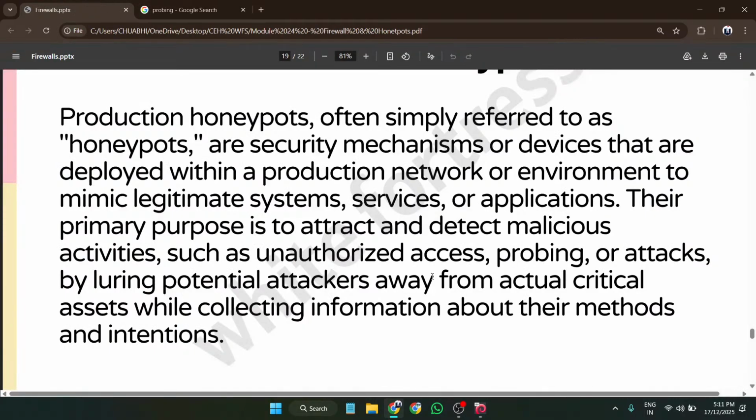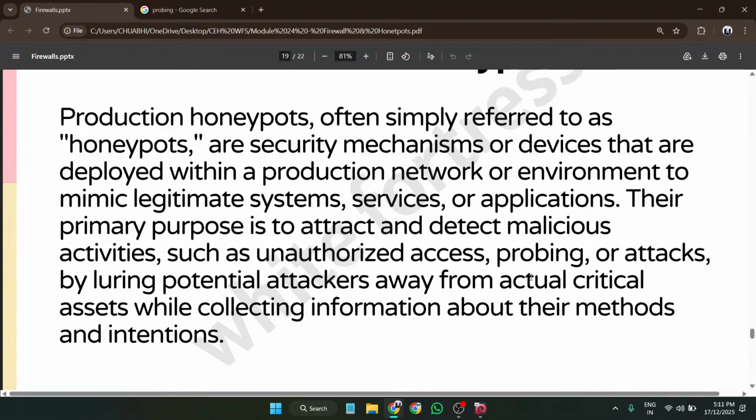And we will also be able to examine the attacker and any unauthorized attack by luring potential attackers away from the crucial assets. It will not let the attacker focus on the real assets of our company, of our organization.